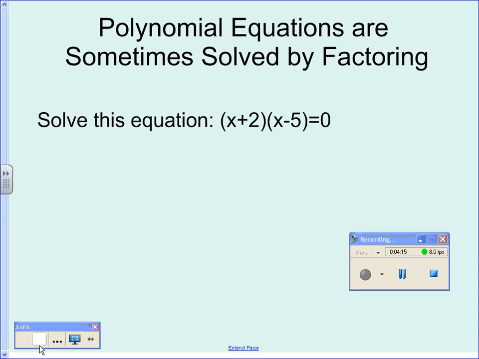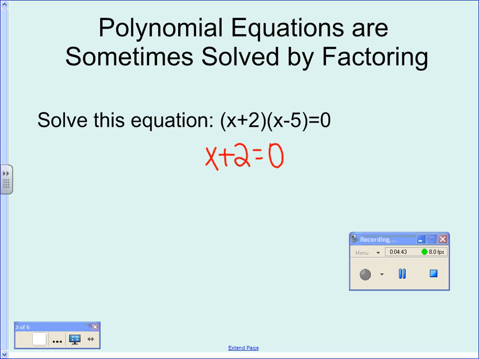Any ideas? No, it doesn't tell us x equals 0. Nope. No, you don't want to. You don't want to expand it. No, you don't move anything. Nobody remembers? No.